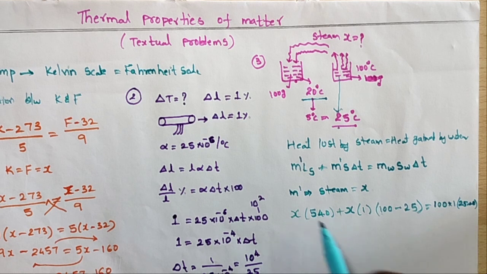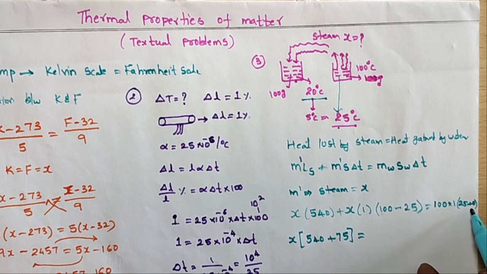So calculate. In this one, x outside: 540 plus 100 minus 25, that is 75. And 25 minus 20, 5, into 100, 500. So x is equal to 500 by 540 plus 75, 615.